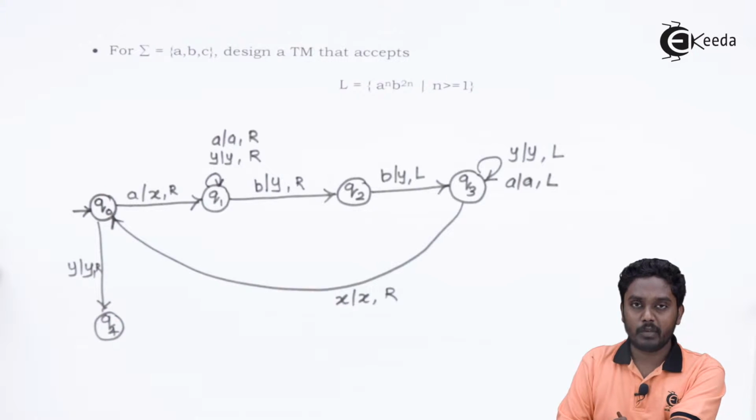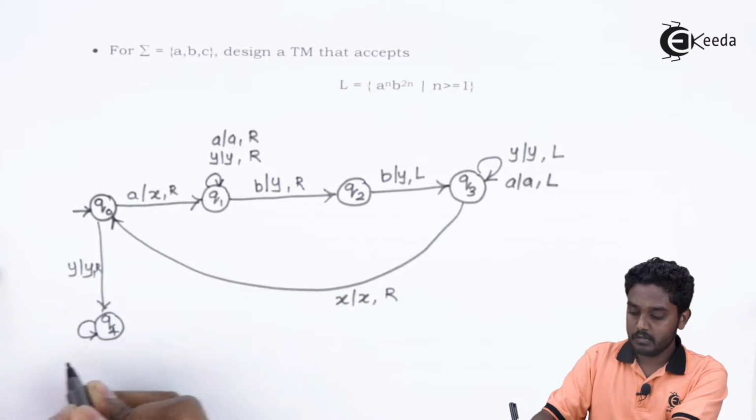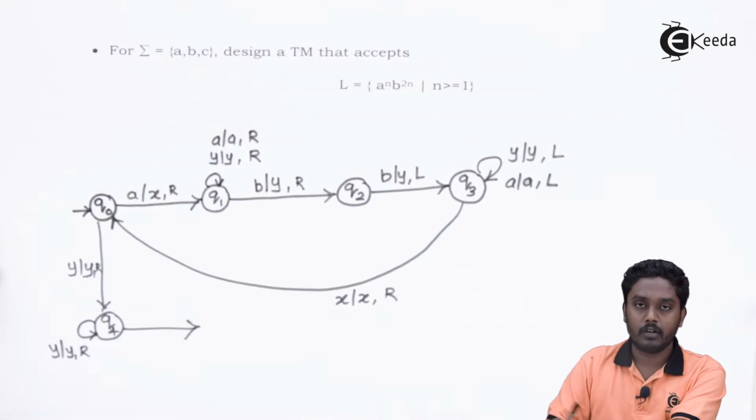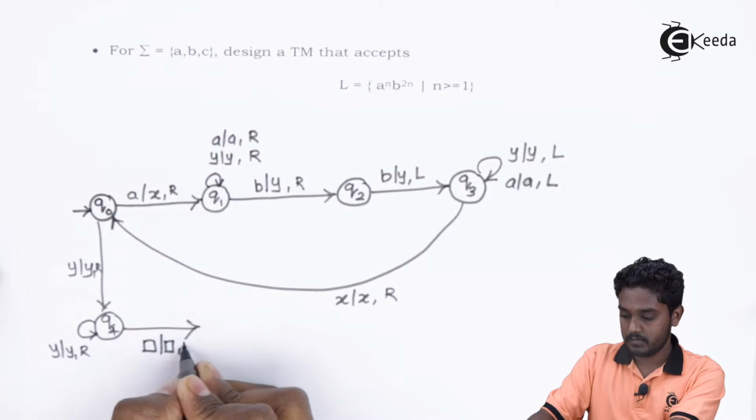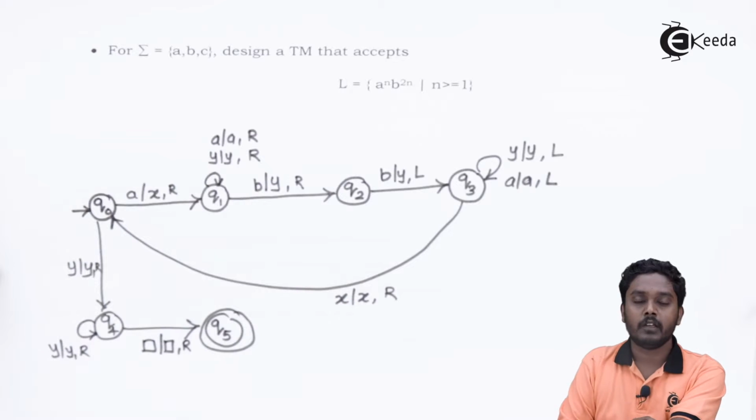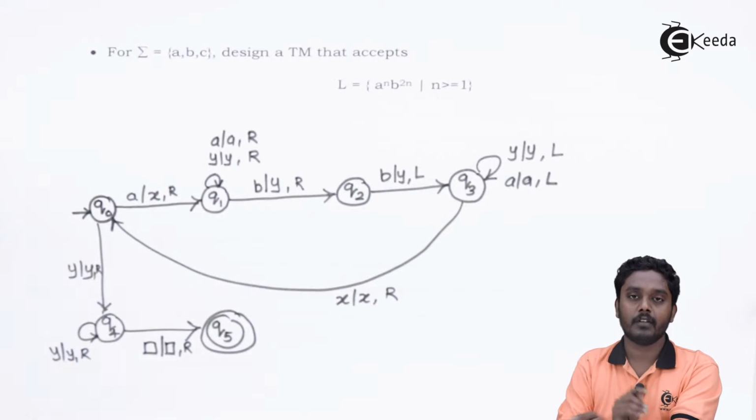Before that, we need to skip all Y's. On the blank symbol, we'll go to the final state. Here, Q5 is the final state.